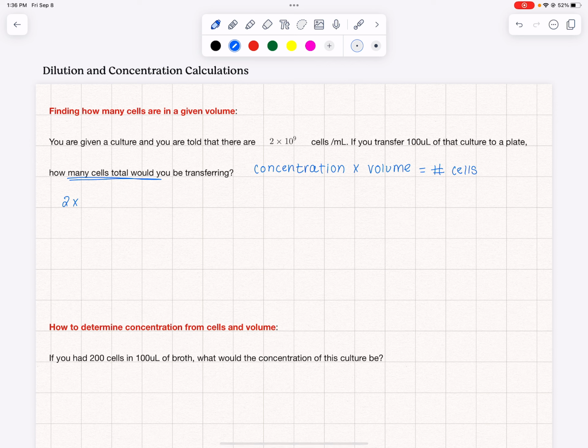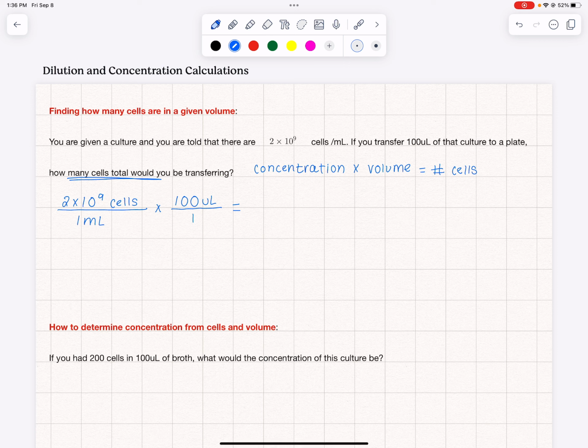So our concentration, 2 times 10 to the 9th cells per milliliter, or per 1 milliliter. Multiply that times our volume, which is 100 microliters. We can say that's over an imaginary 1. And that will give us the total number of cells that we have.